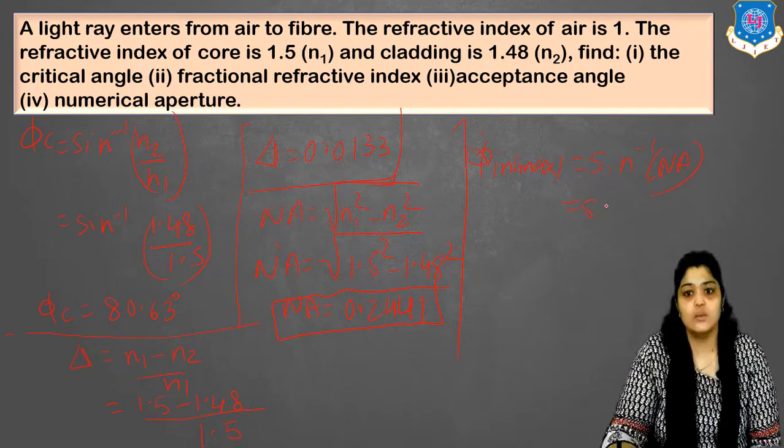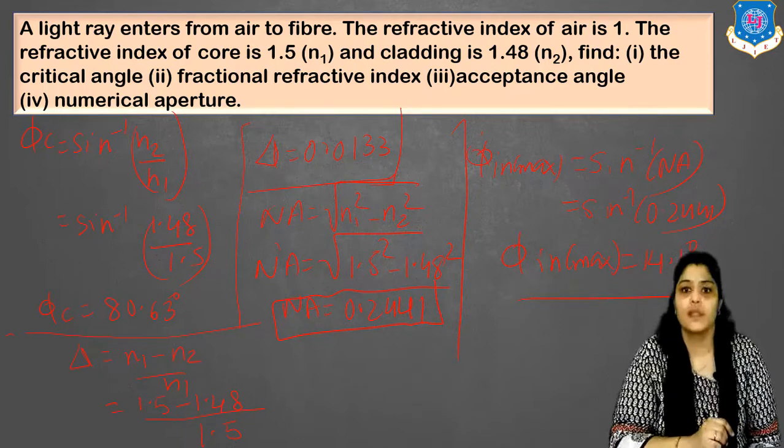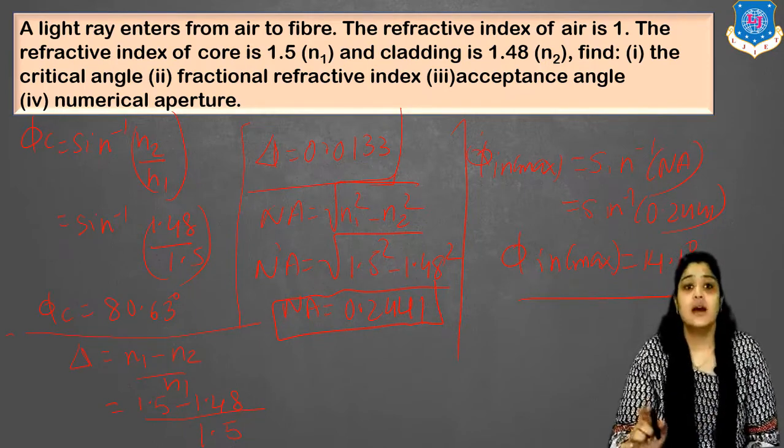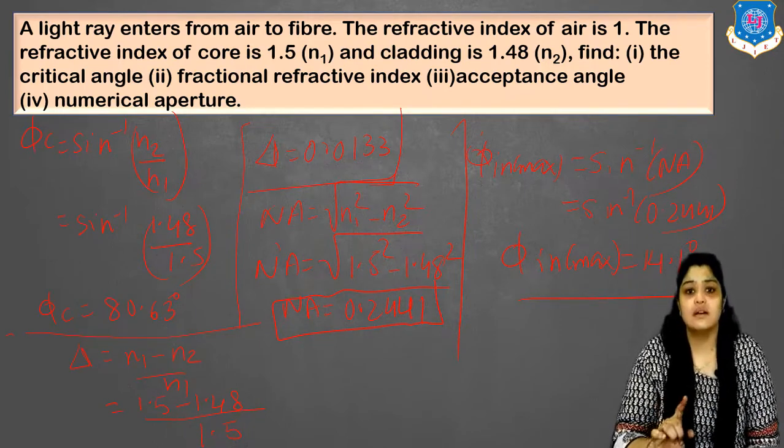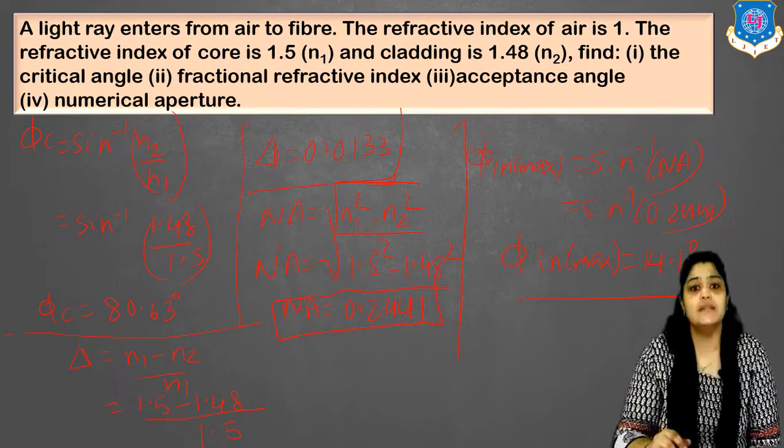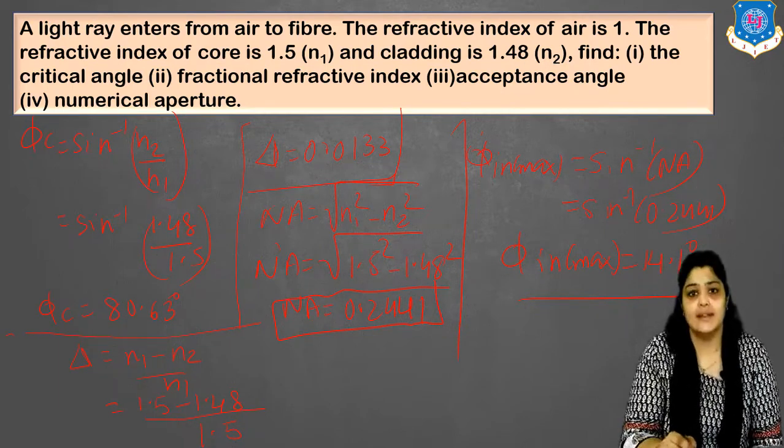So that is equal to sine inverse of 0.2441. So this gives me the value of phi in max as 14.1 degrees. Clear? So this was the numerical having only one additional parameter to be derived, that is delta.